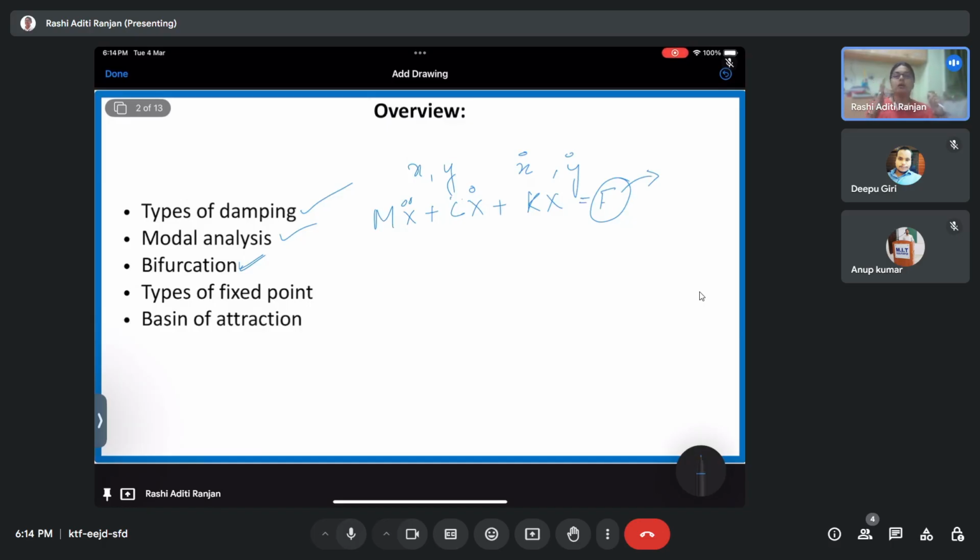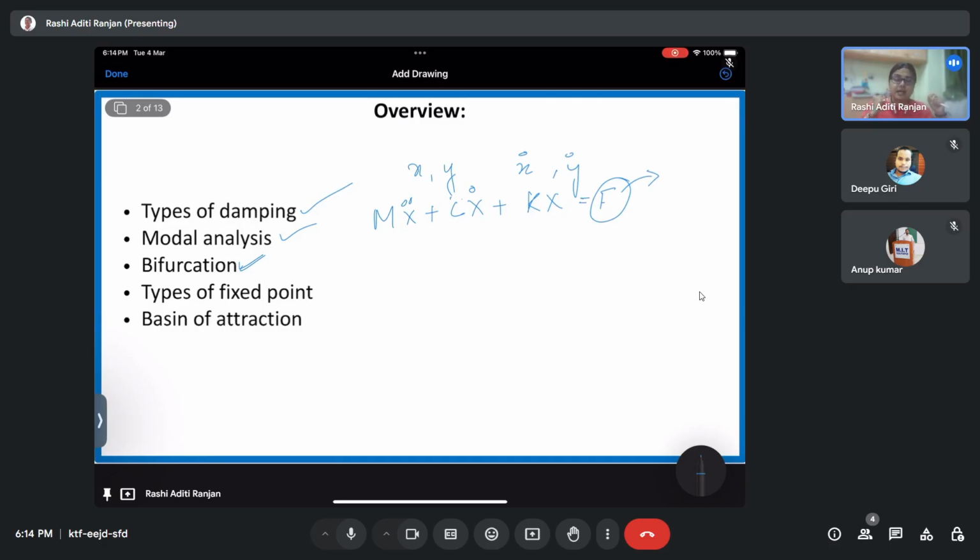In case of static bifurcation, we are concerned about the equilibrium points or fixed points, and how my equilibrium point is changing with respect to the parameter I am considering. I change that parameter and see how my equilibrium points are changing. That is the case of static bifurcation.